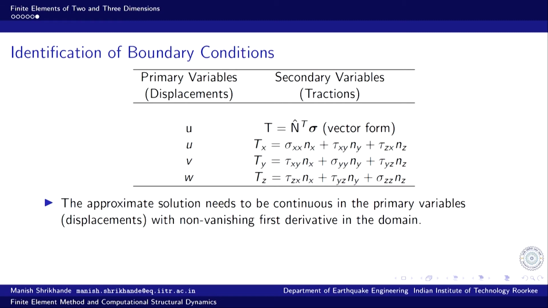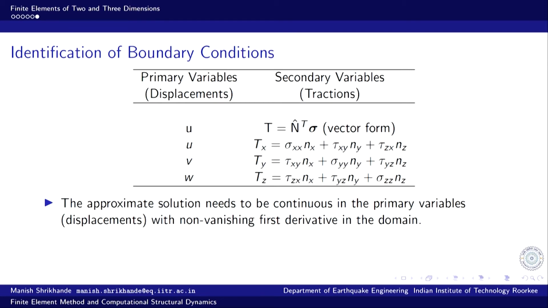So, these are the corresponding secondary variables. That is what we do, identification of the boundary conditions. So, u is the primary variable vector, collectively I can refer to this as a u vector, all 3 displacement components, and t is the traction, given by n hat transposed sigma. That is the vector form, and these are the secondary variables.